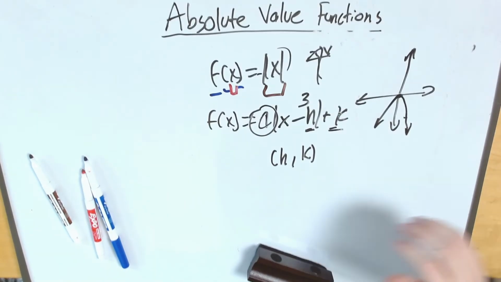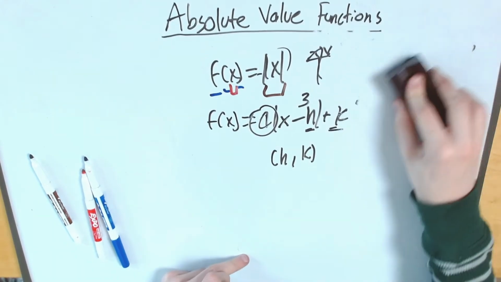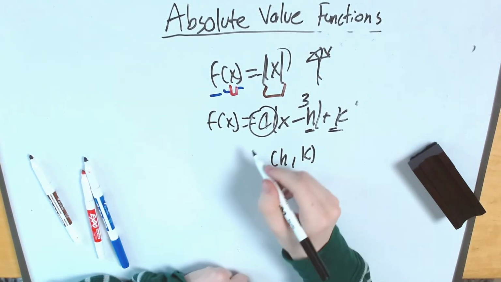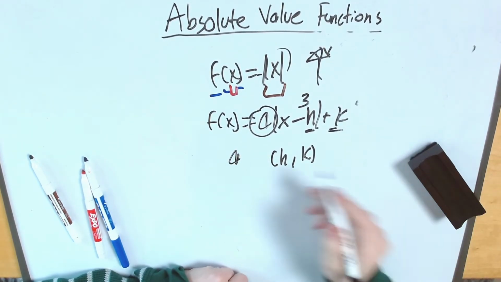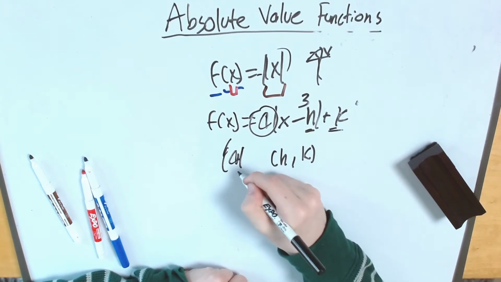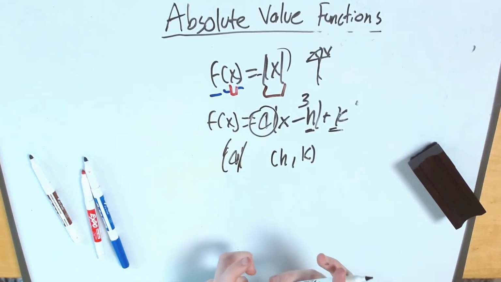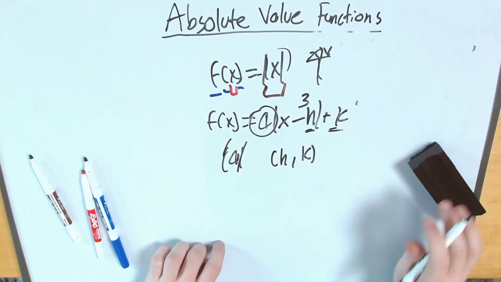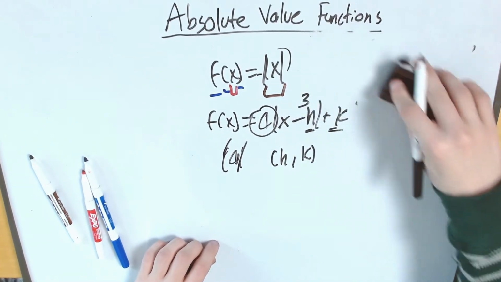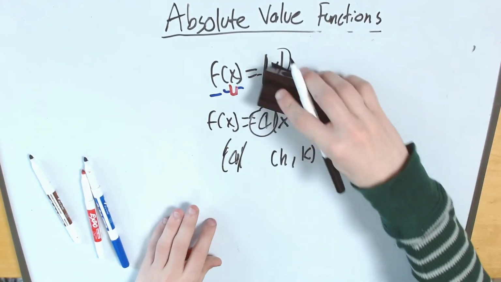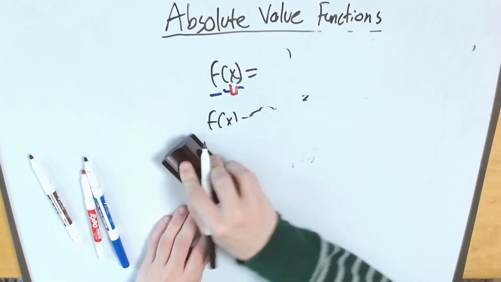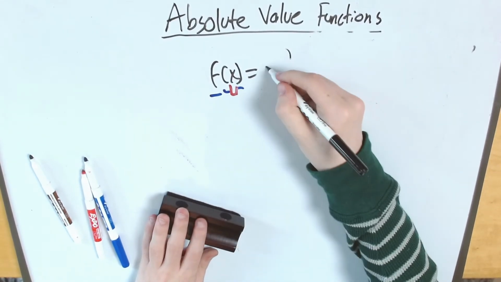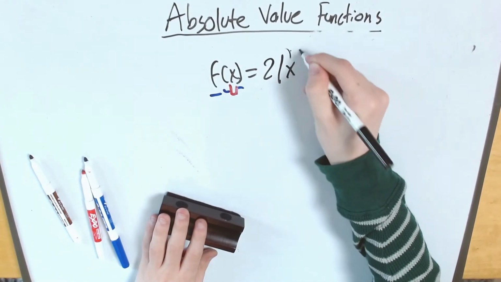And what about these a values? The absolute value of a refers to what we call the slope of the absolute value. So imagine I'm graphing, let's just say, 2 times the absolute value of x.